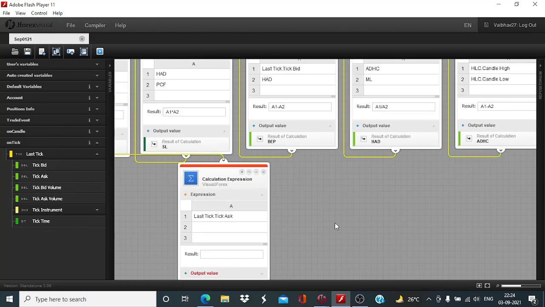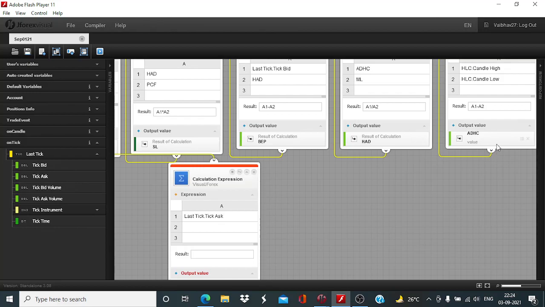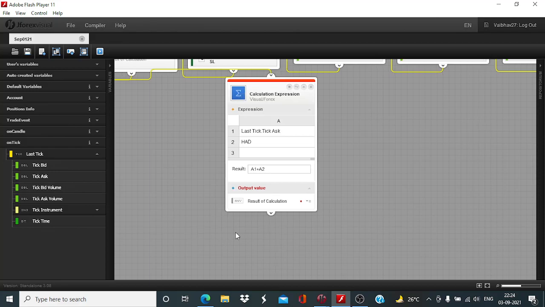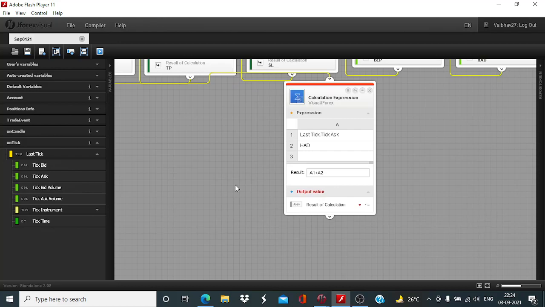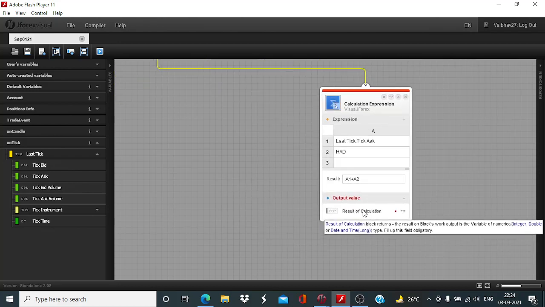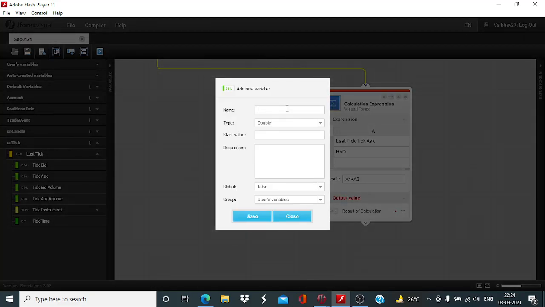This is the variable, this is the actual difference, and then divided by 2. So this is going to be A1 plus A2. And we arrive at the result of the calculation. Okay. This is going to be our sale execution price, SEP.